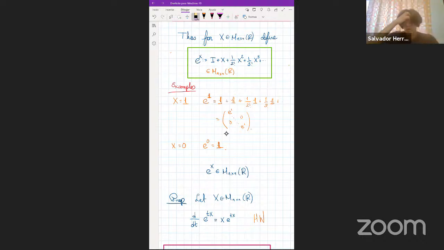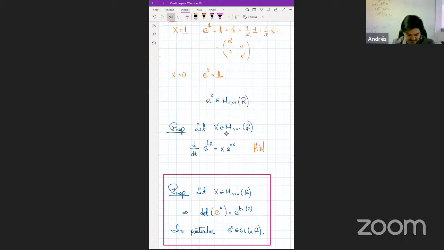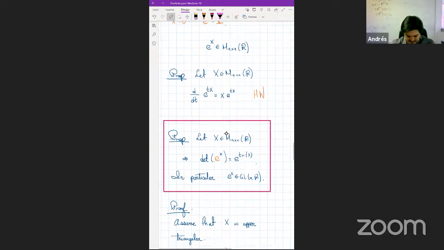Right. Okay, so now let's move to the proof of this. We're going to prove this first for a very particular type of X. The result is for any matrix, but I'm going to take a very particular one.